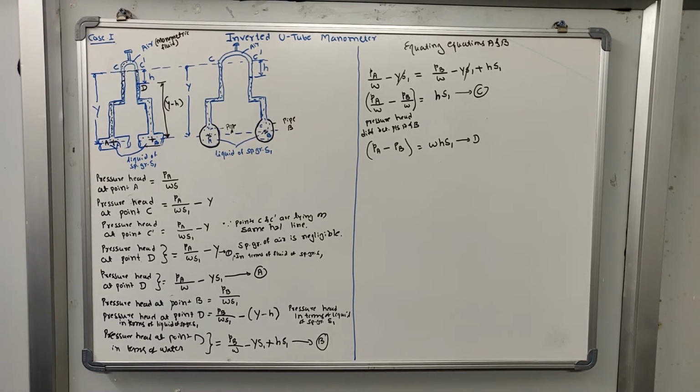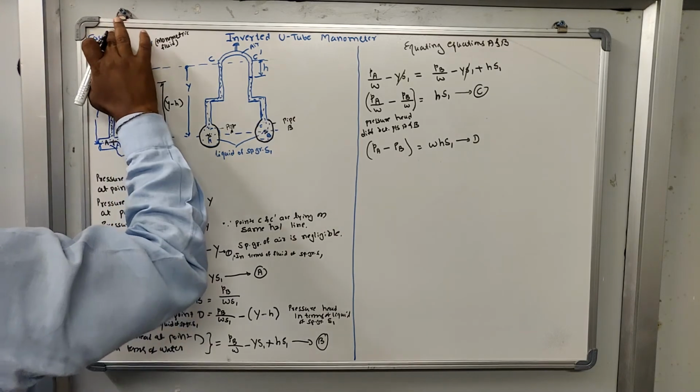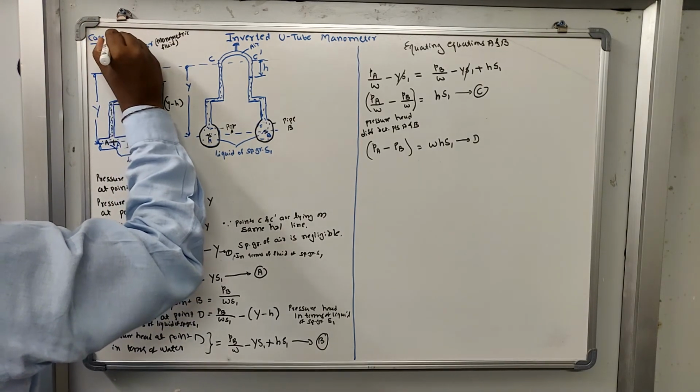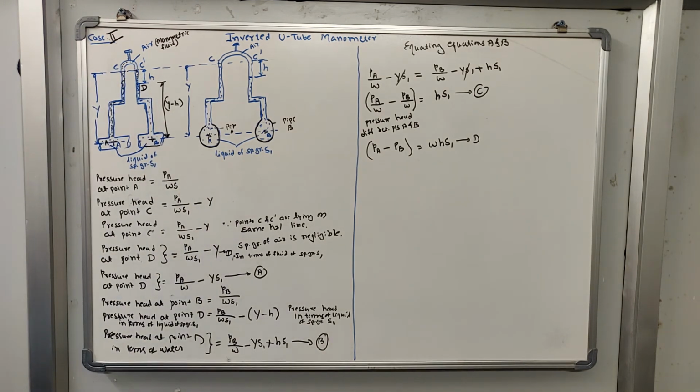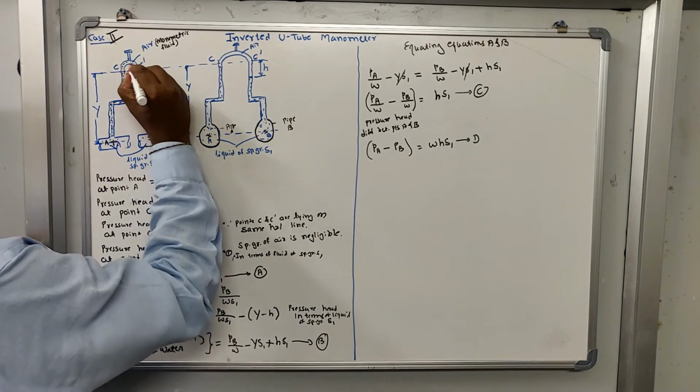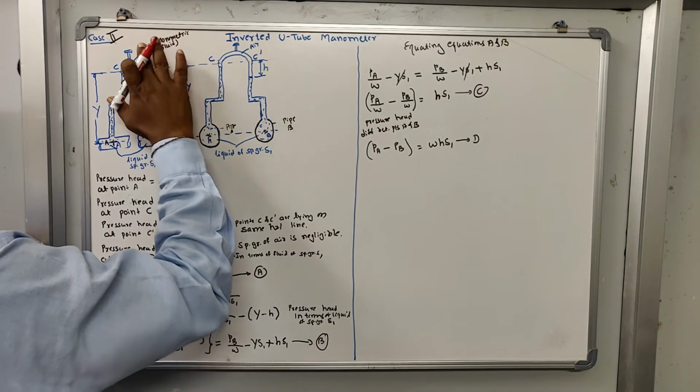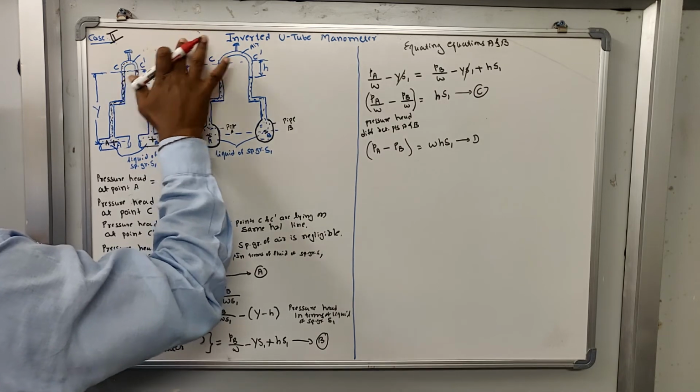Now the next case, that is case 2. Let us consider case 2. In that case, instead of air, you can take mercury as the manometric fluid.